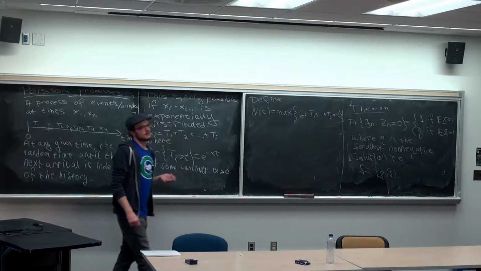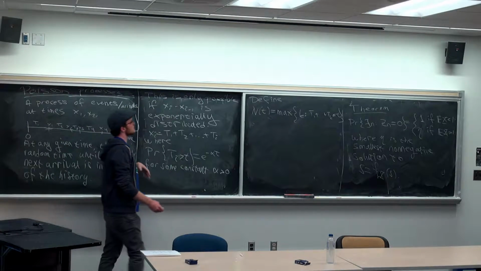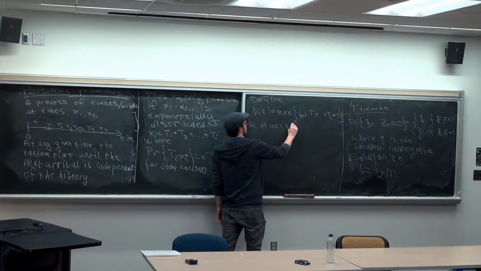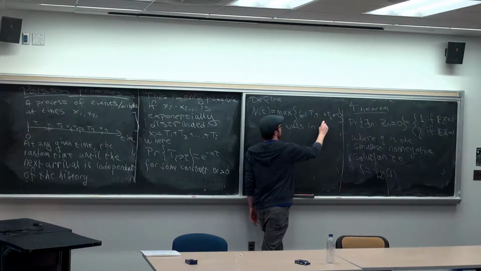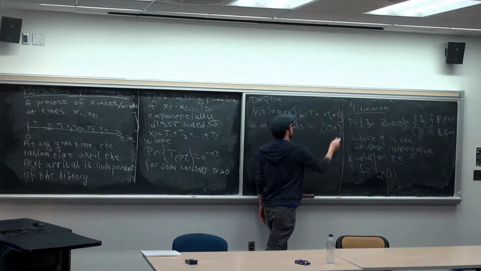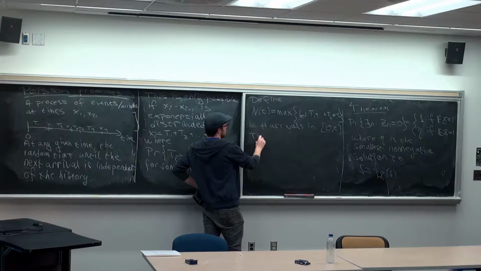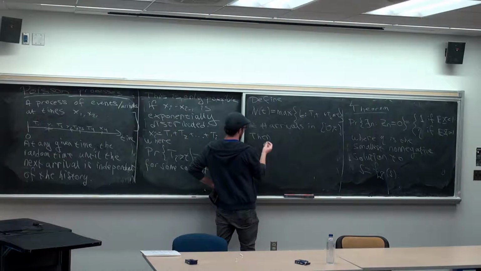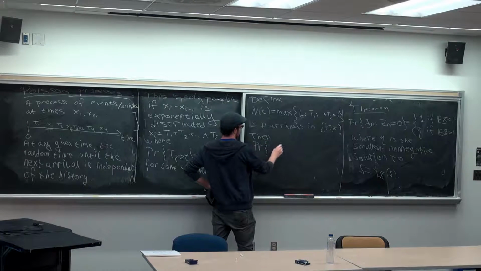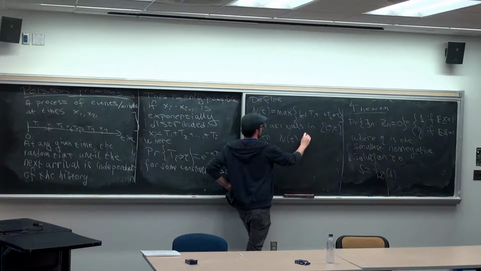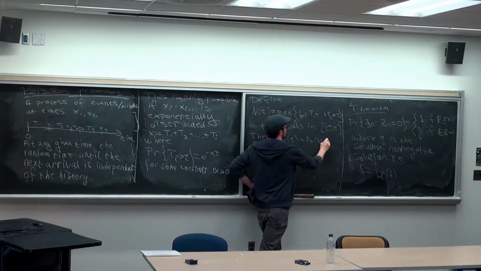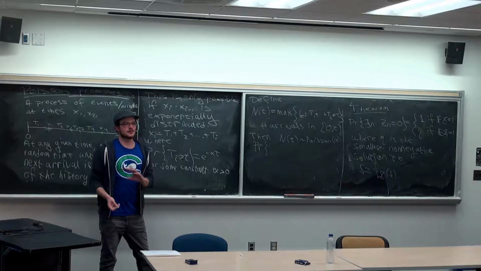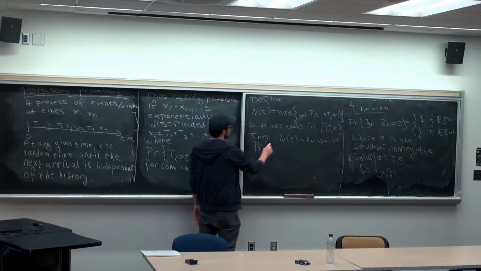So this is the number of arrivals up until time t. Then n of t is Poisson distributed. I'll just write Poisson rate alpha. These names of distributions you don't need to know. I'm always going to tell you what the distribution is.